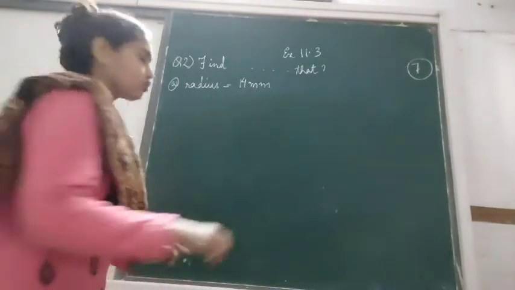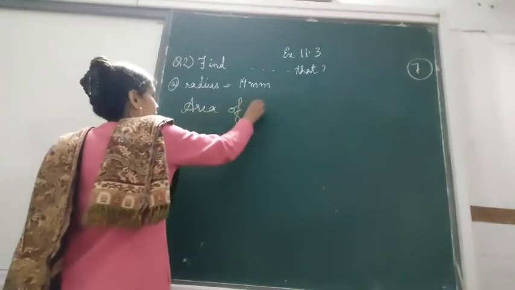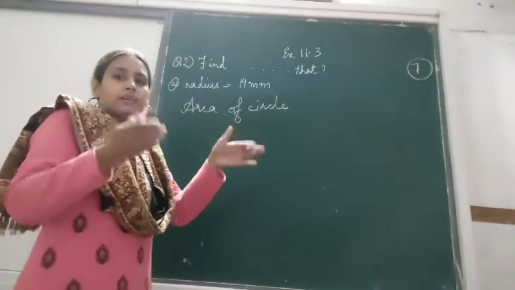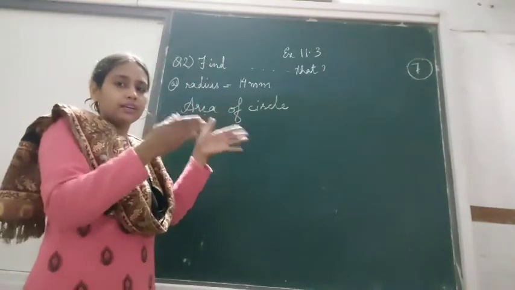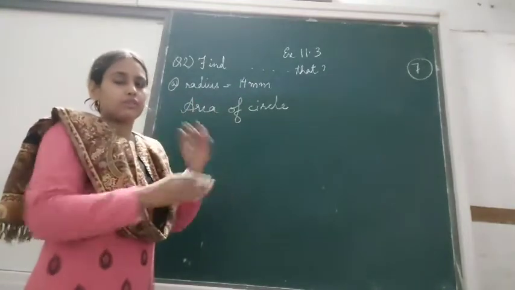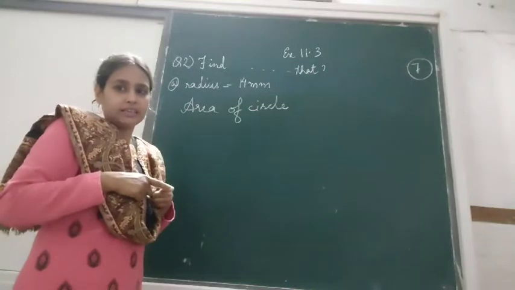We have to find the area. So we all know the area of the circle. Yesterday only we discussed the area of a circle. We divided the circle into different triangles and then we placed the triangles inverted, one straight and one opposite of it. We rotated the triangles and we made a rectangle, right?